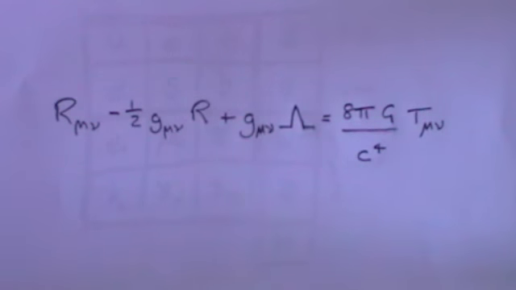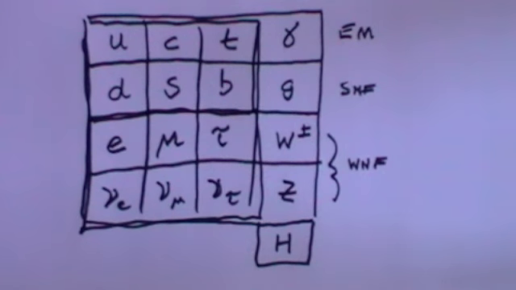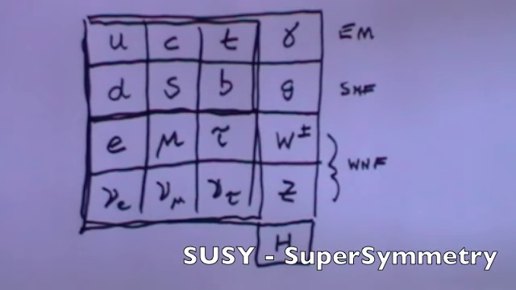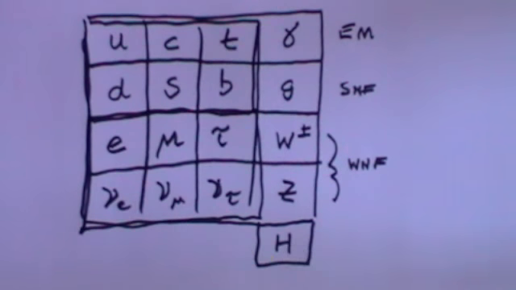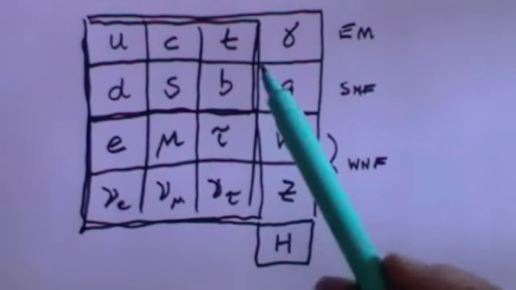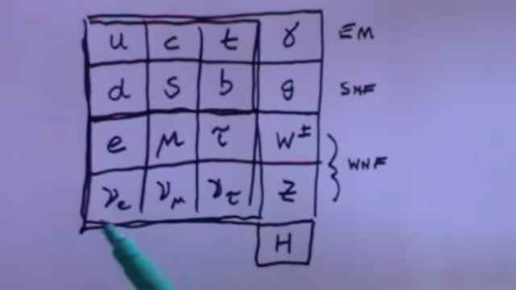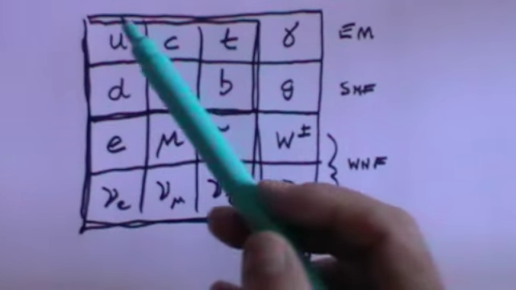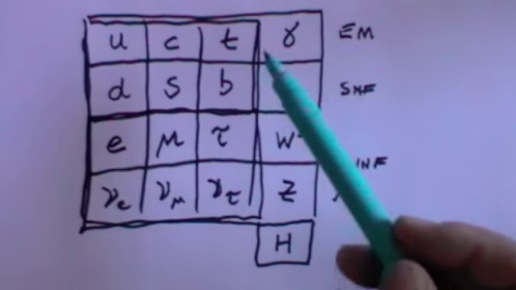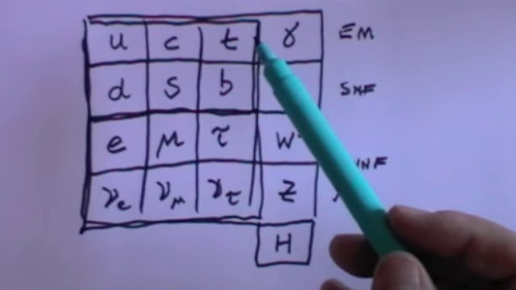to form a unified model. One of the ways in which unification could be achieved is by a process called SUSY, or that's short for supersymmetry. The idea is that for all the fermions, that's the box, the 3x4 box here, these are all fermions, that is particles.